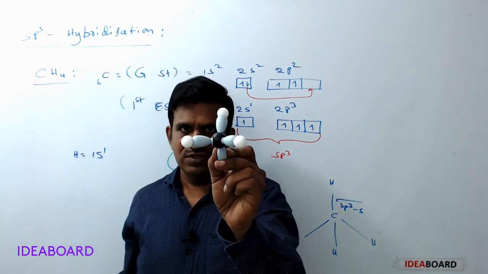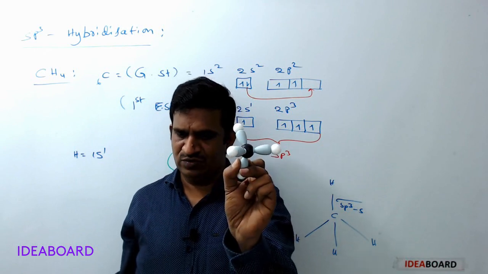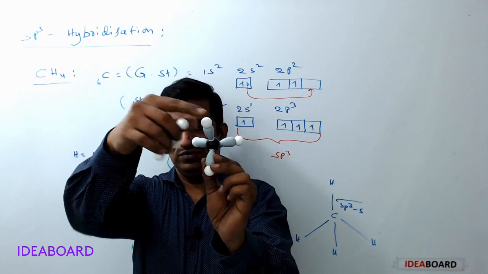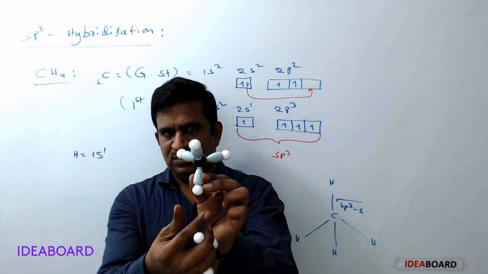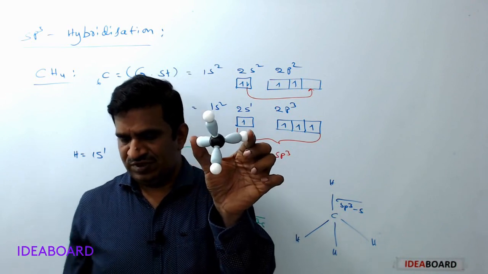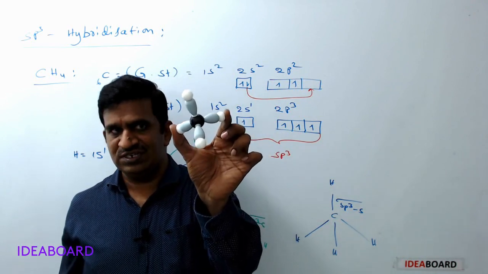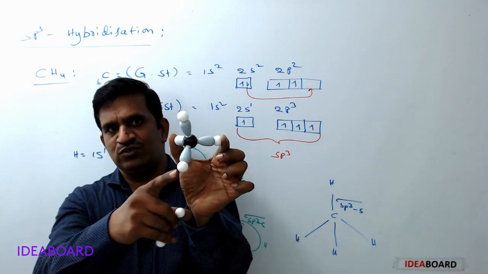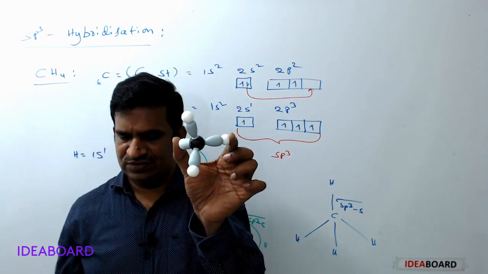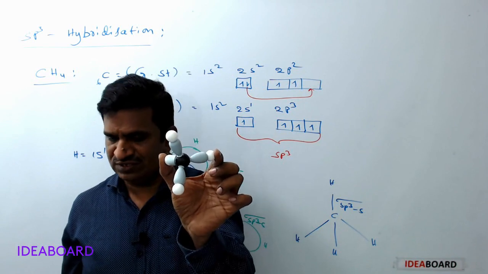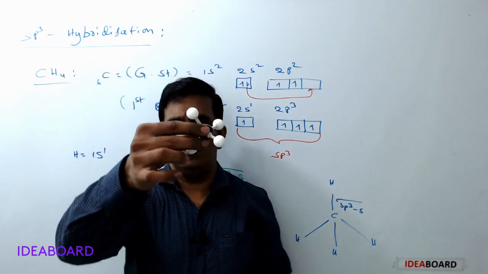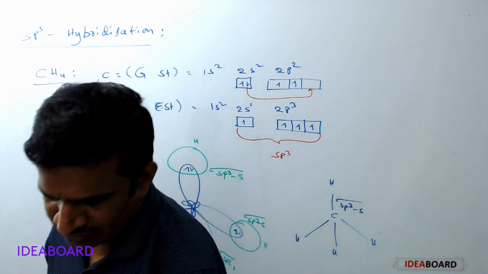The remaining two, suppose you see like this, these two bonds, which I am keeping my fingers on, are present in one plane. These two bonds are present below and above, like front side and above. So like this, two different planes.